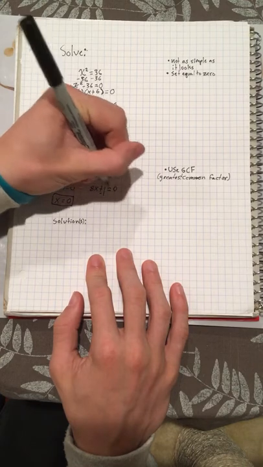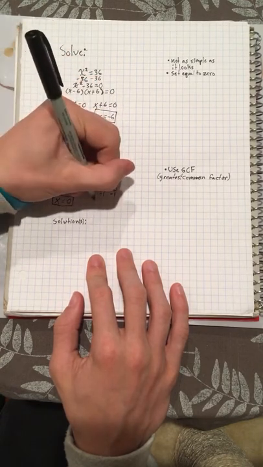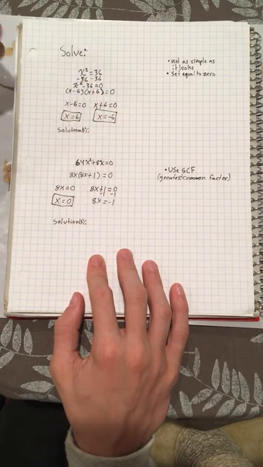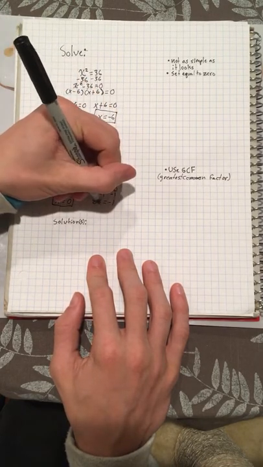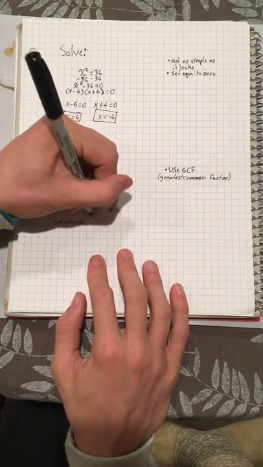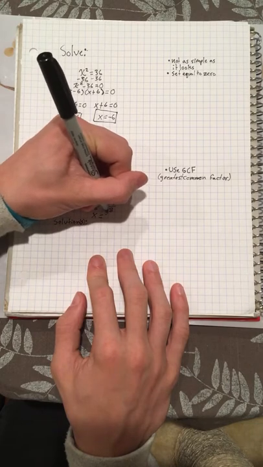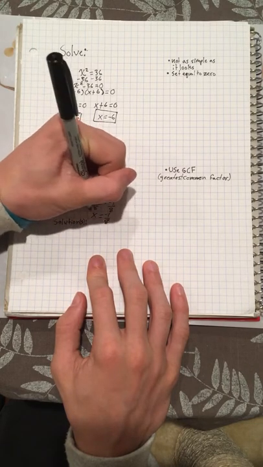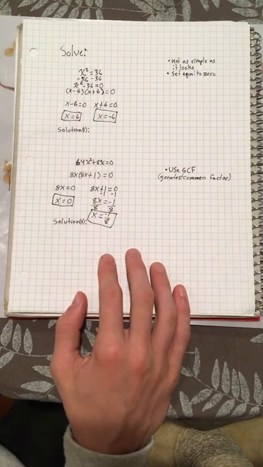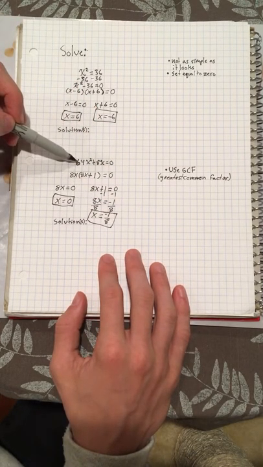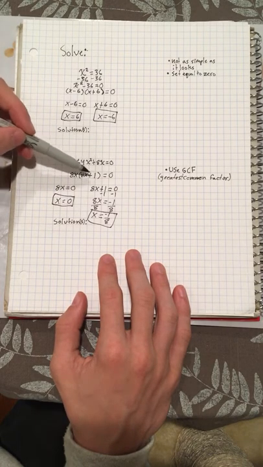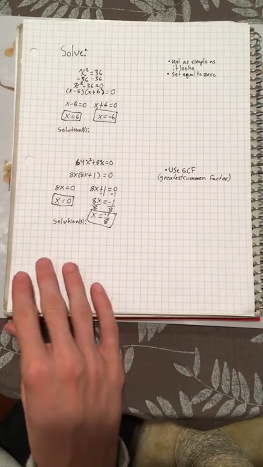When we subtract that 1, we get 8x equals -1, and we're going to have to divide both sides by 8. So we get x equals -1/8 on this side here. So on this problem, we were able to use a greatest common factor to simplify the problem a little bit right there.